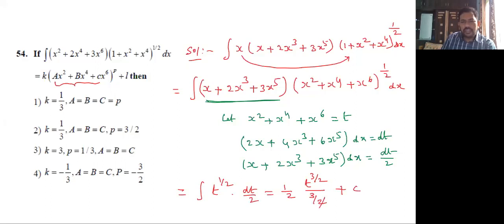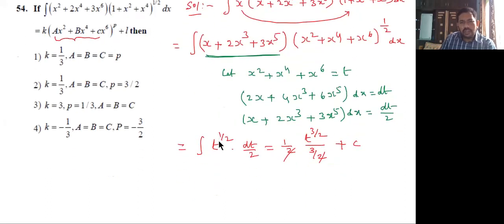Here 2 cancels. Next step: 1 by 3 into t, and t is what we have taken, x square plus x power 4 plus x power 6 whole power 3 by 2 plus c.